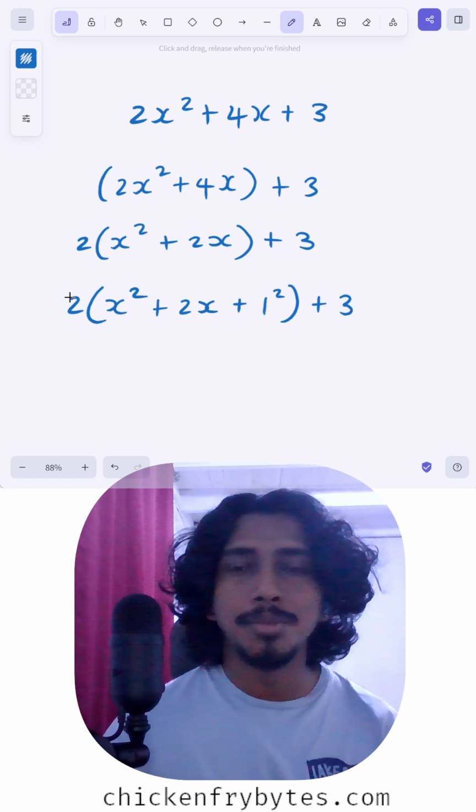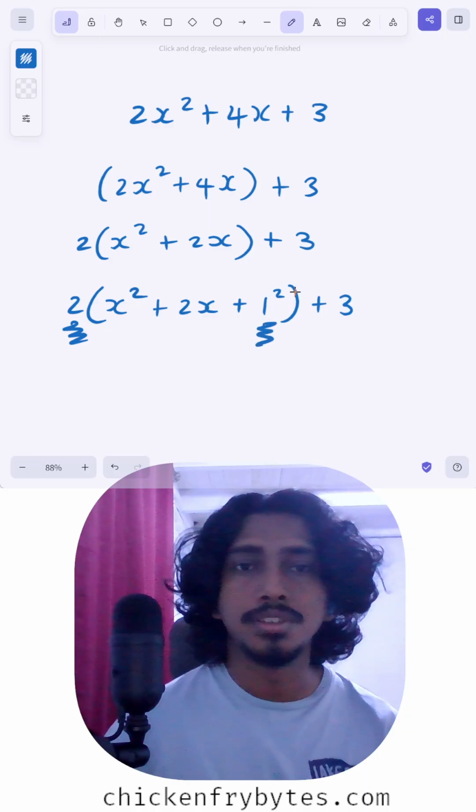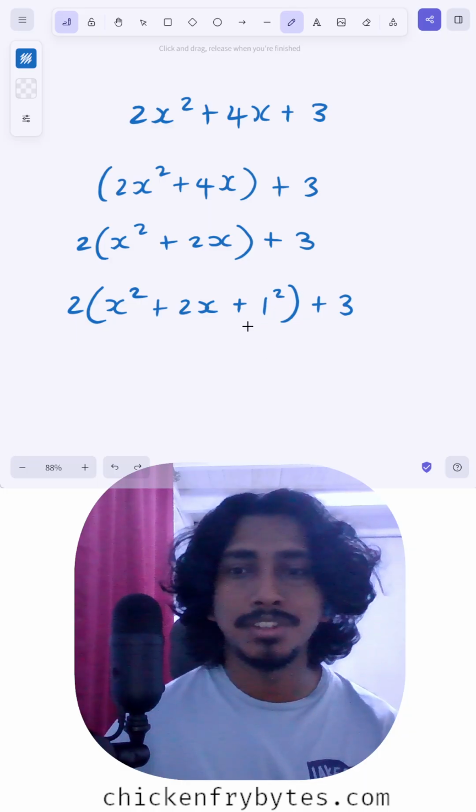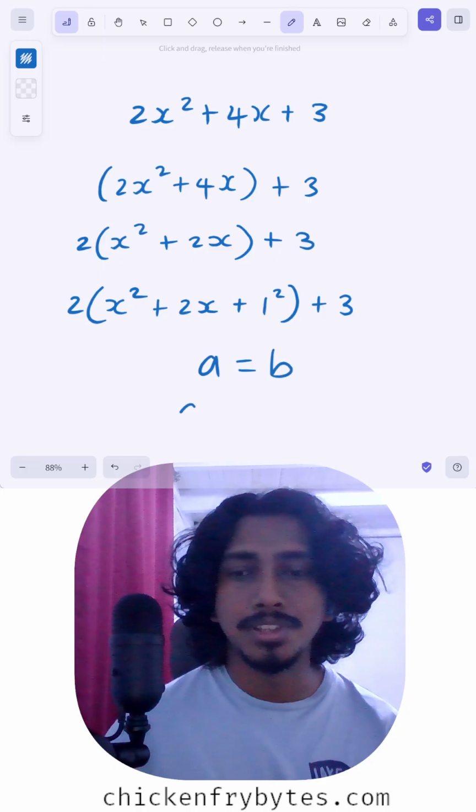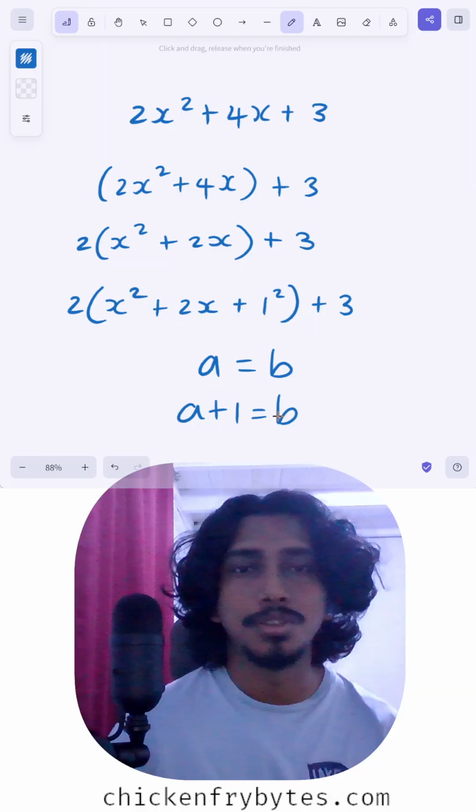In this step, because we technically would have added 2 times 1 squared to the bracket, it's not fair to have an equation, for example, a is equal to b, and just simply add, for example, 1 to one side of the equation, right? You can't just simply add 1. That will change the overall value as represented by that equation.